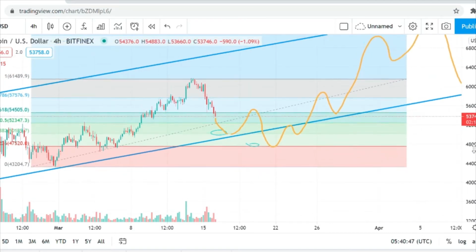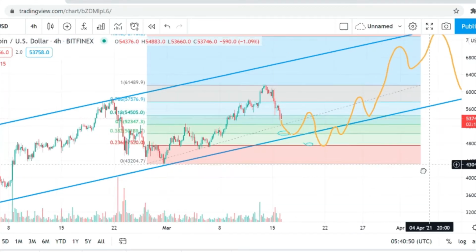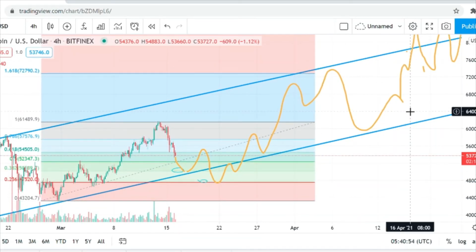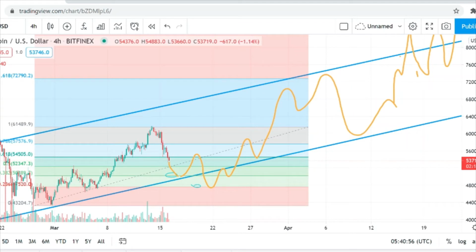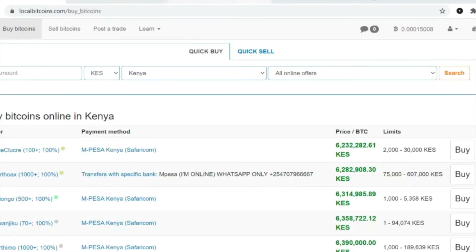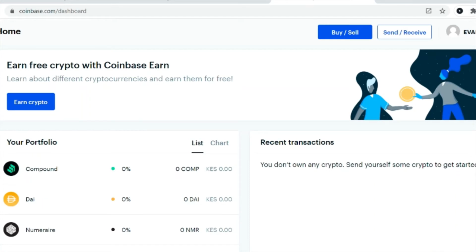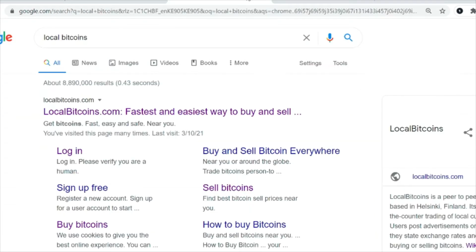So I'm going to demonstrate how to purchase Bitcoin and how to store them in a wallet. There are many ways to buy Bitcoins, and there are several exchanges like Local Bitcoins, Coinbase, Binance, and many more exchanges.